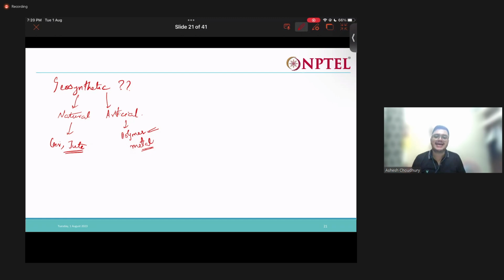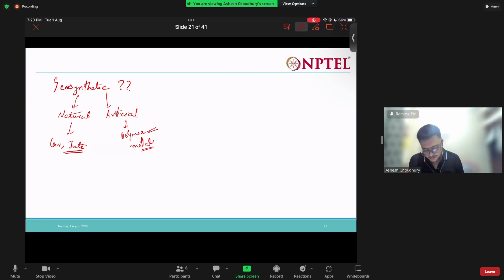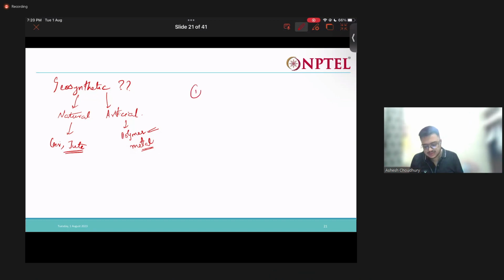Now, first let us revise some of the uses of geosynthetics that were actually discussed in the lecture. The first thing that was discussed was the separator.